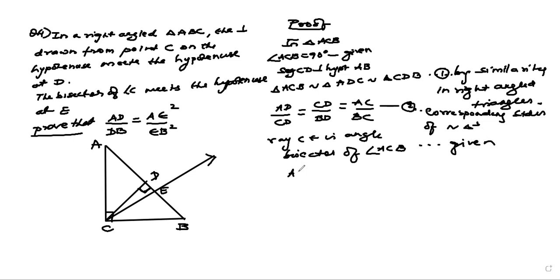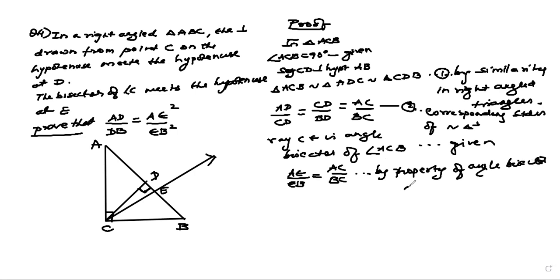So AE upon EB equals AC upon BC. Reason: property of angle bisector of a triangle.